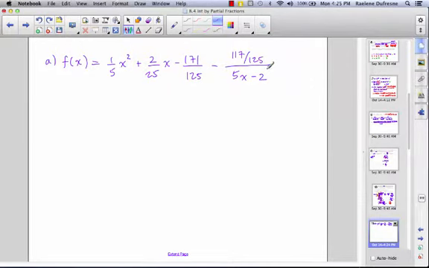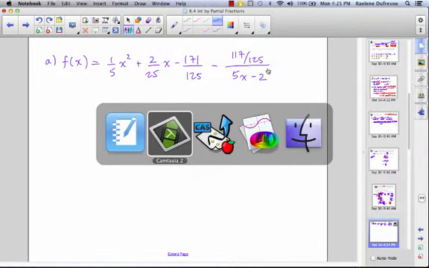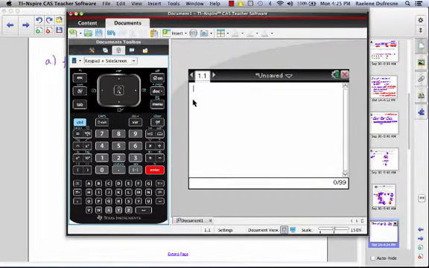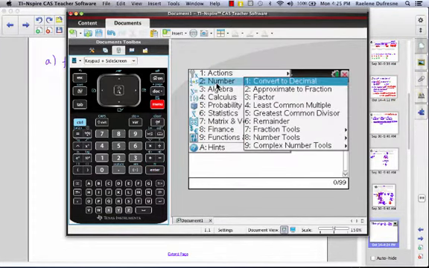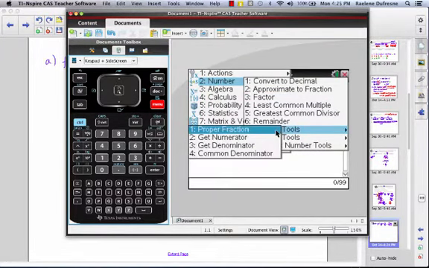If you take a look at the TI Inspire and you go to the menu, and then you can go to number, and you can go to fraction tools and proper fraction.